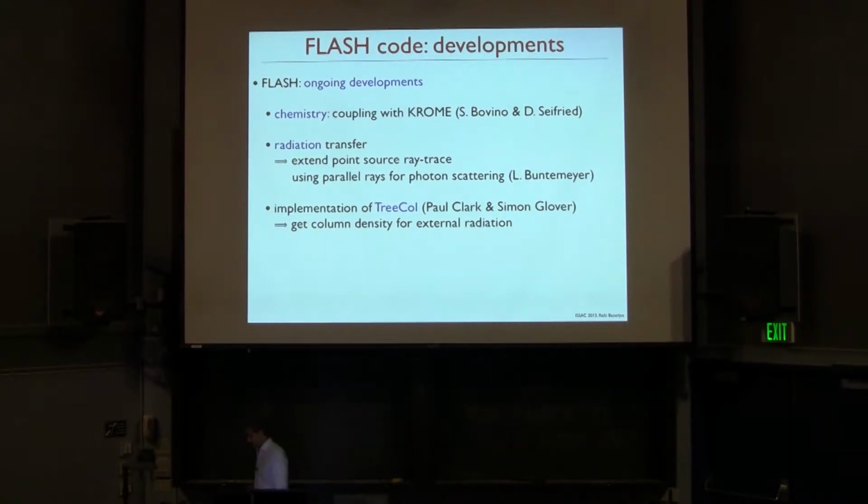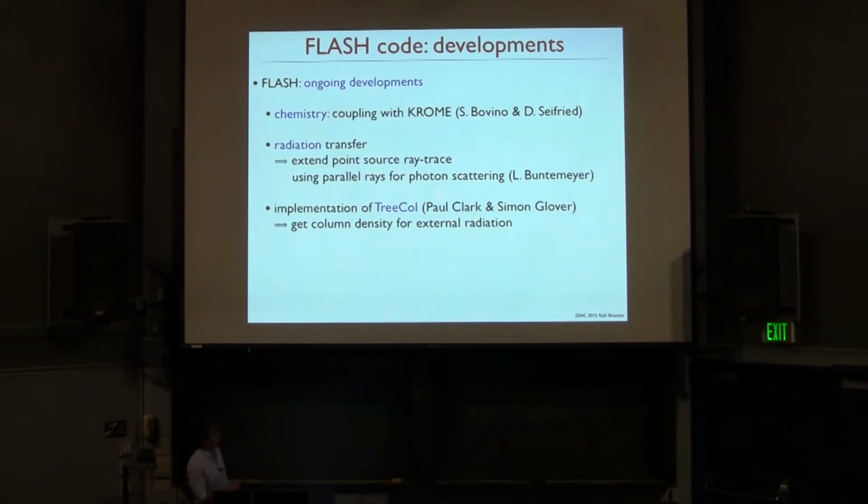I guess you already had an entire week more or less hearing about chemistry. There is already a chemical network developed by Simon Glover, which is available in the Flash code, and there's also a publication out of it.